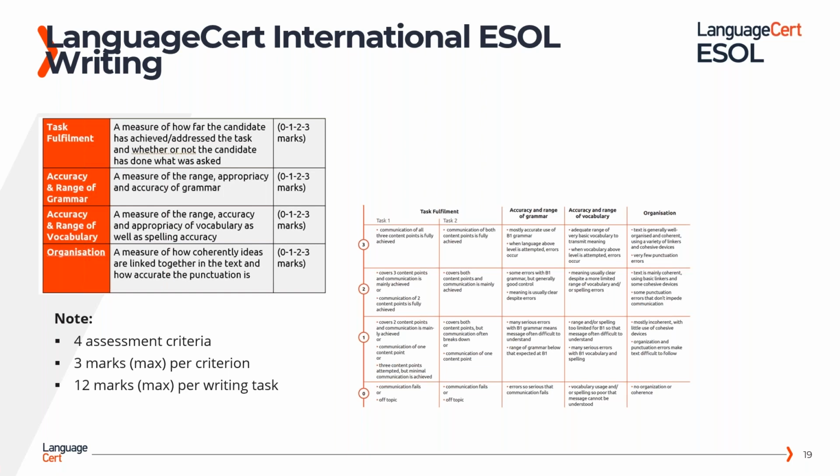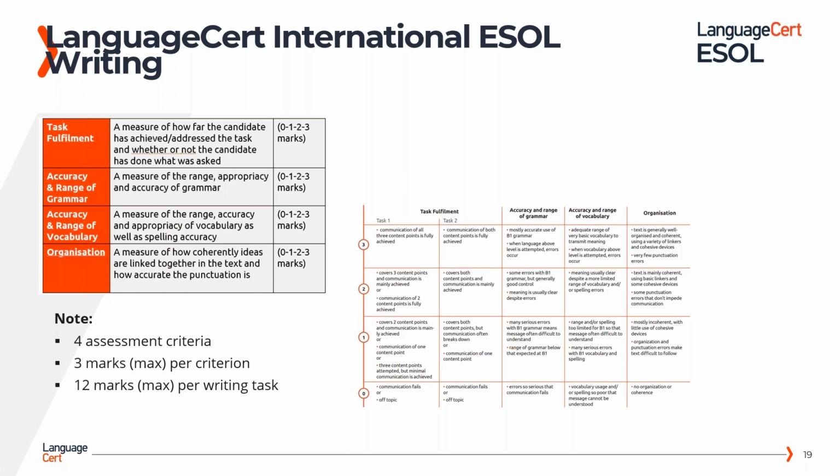The second criterion, accuracy and range of grammar, a measure of the range, appropriacy and accuracy of grammar. The third criterion, accuracy and range of vocabulary, a measure of the range, accuracy and appropriacy of vocabulary, as well as spelling accuracy.